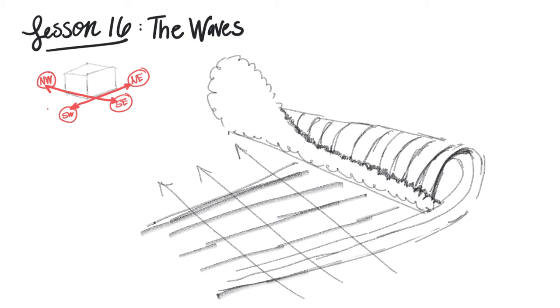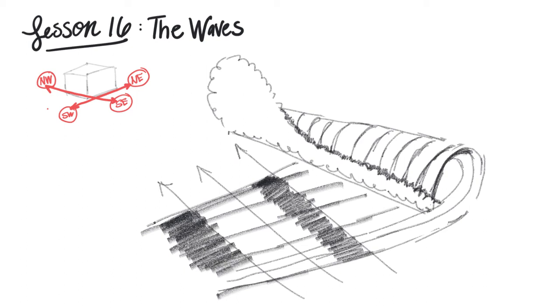So when there's light shining down, it's going to reflect the light of the wave. So you would be drawing a line or some shading going this way and going this way in that same parallel direction as the northwest line.